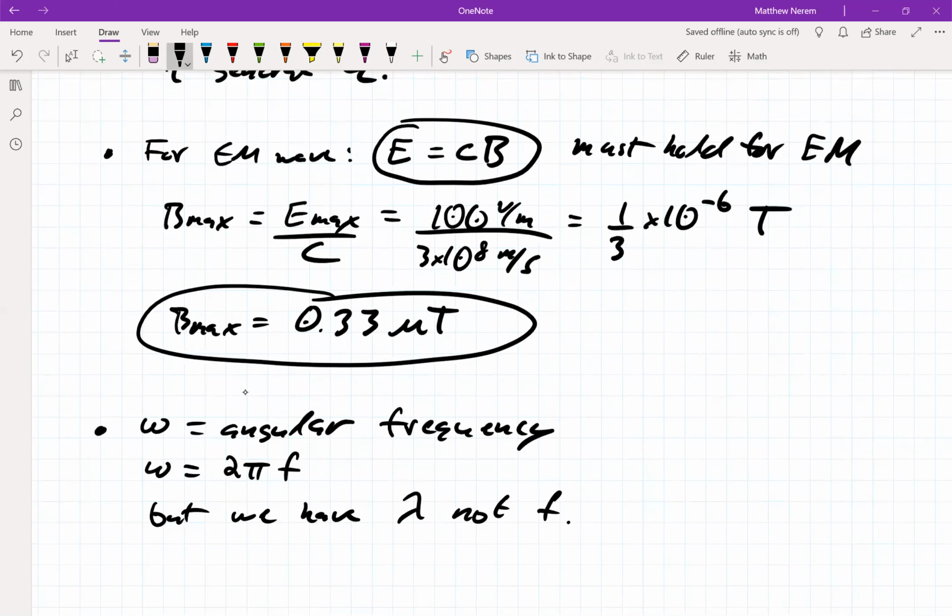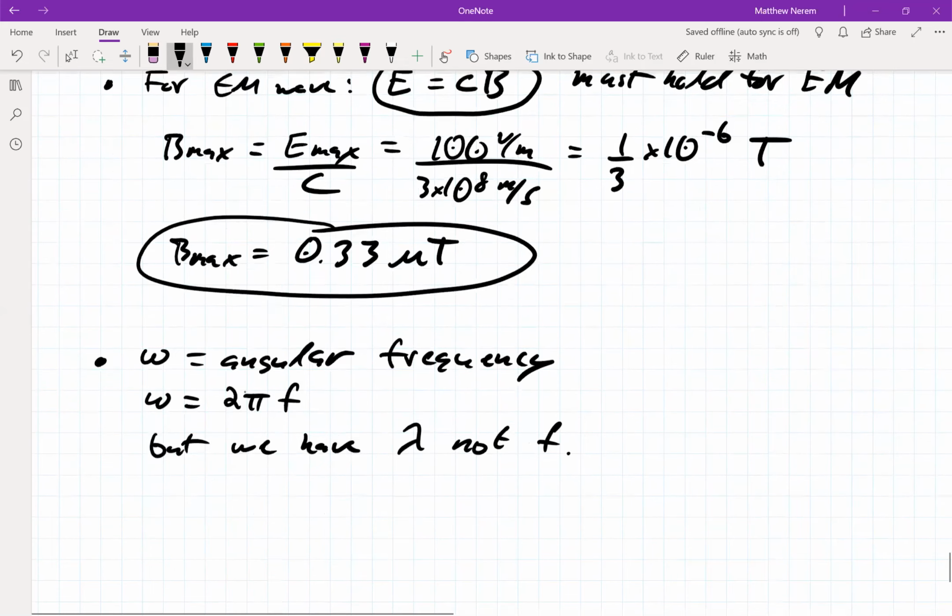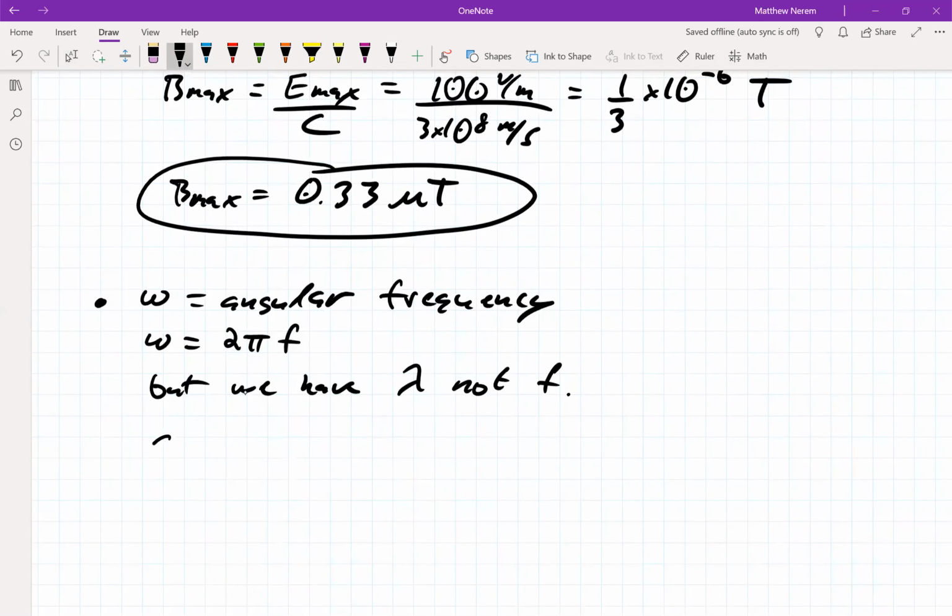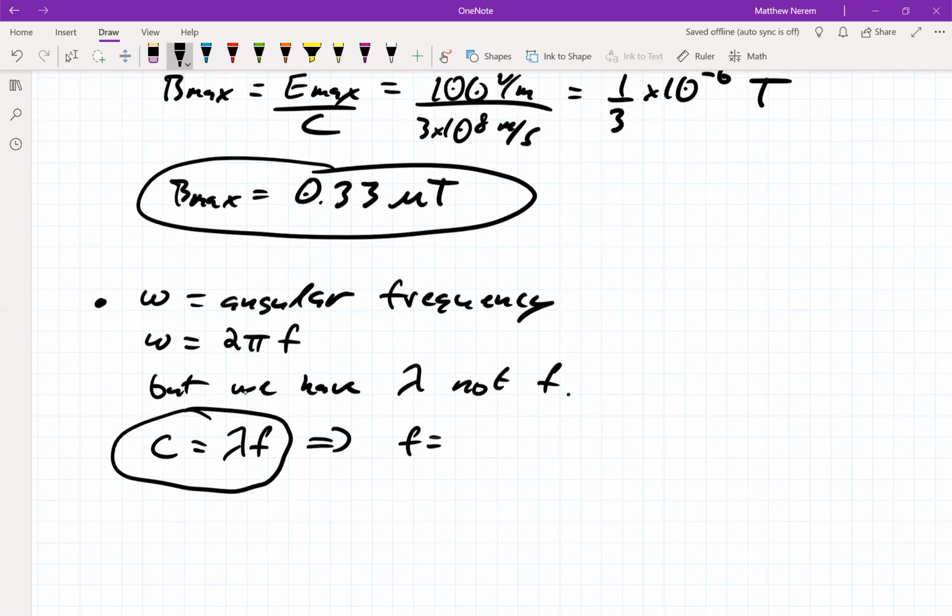So we need to convert our wavelength to frequency, then our frequency f to the angular frequency. So just a few more steps. c is equal to lambda times f. Must be true. If you do not remember this equation, you're gonna fail this test. Like, not even joking. This is a fundamental rule of just our universe. So c equals lambda f, and we can find the frequency directly. f is equal to c over lambda.